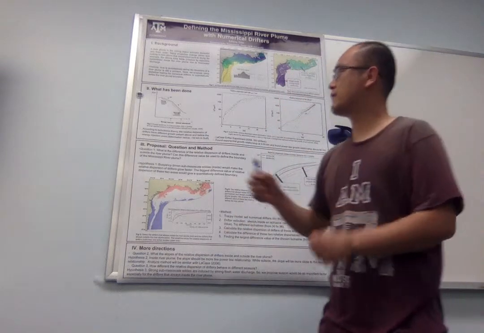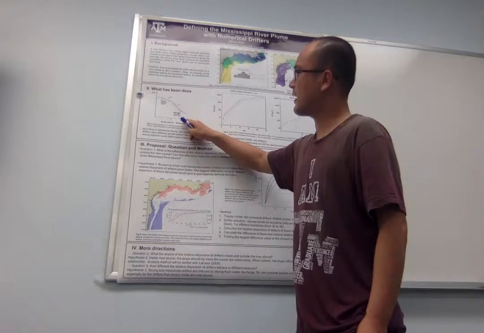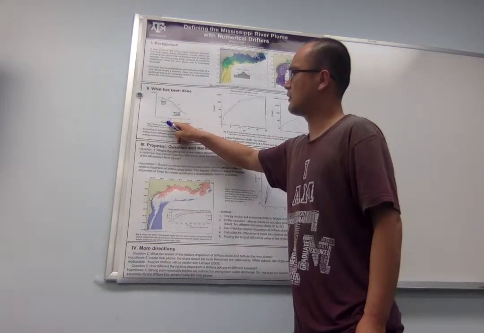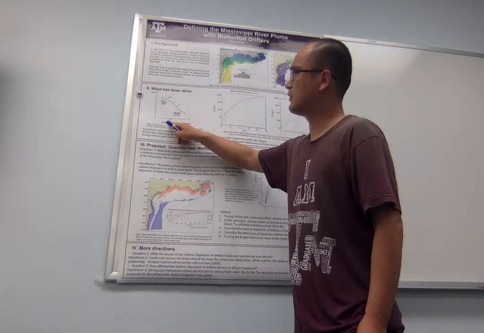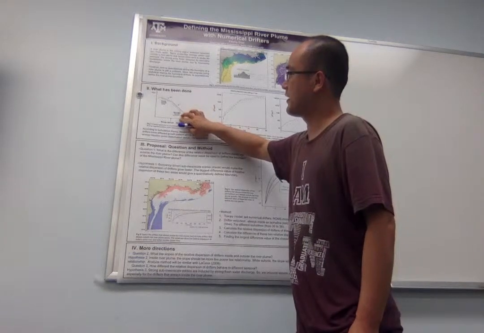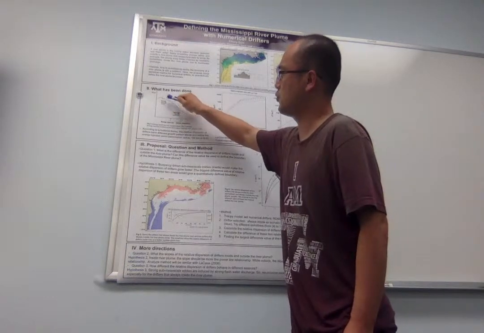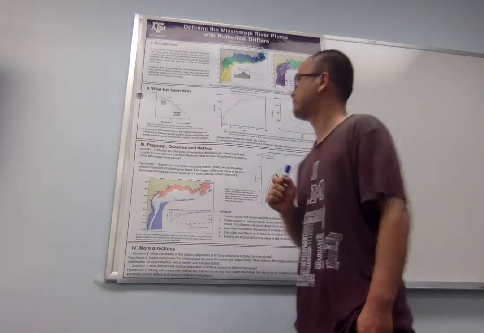If a drifter pair's distance is less than the dominant eddy's radius, then when they separate and the distance is increasing, they will experience these two different patterns.